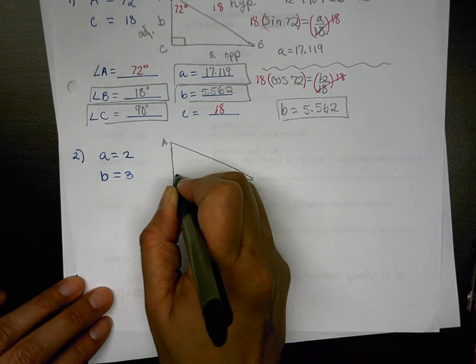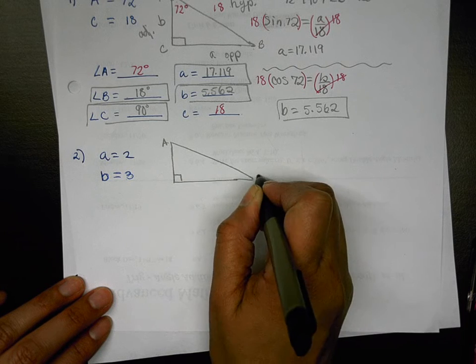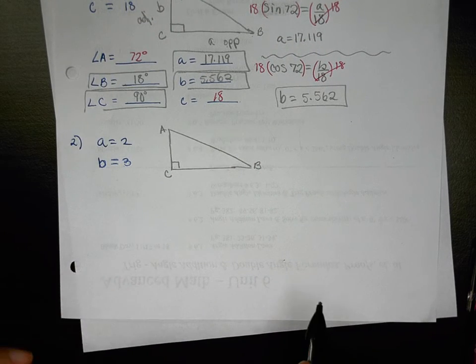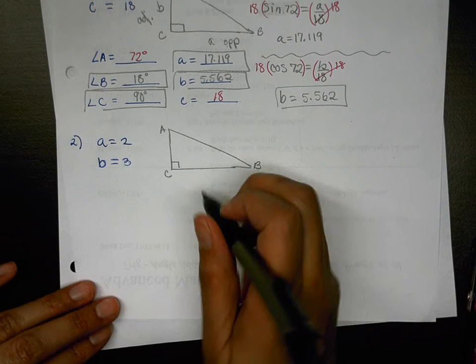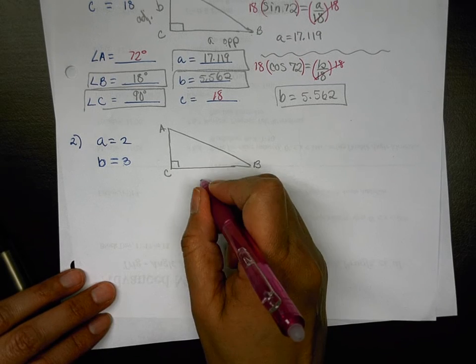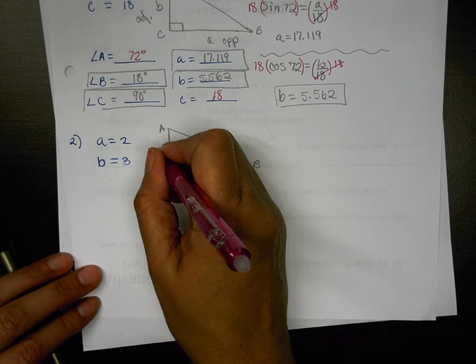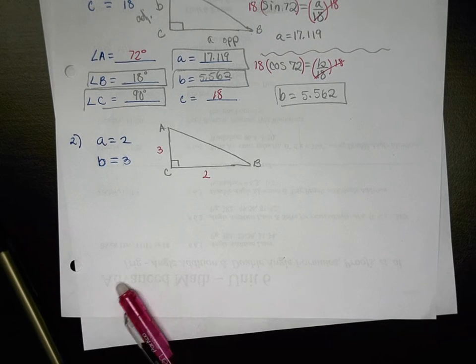A, B, C. Lowercase a is opposite angle A, so this here is the 2. Lowercase b is opposite angle B, so this here is the 3.